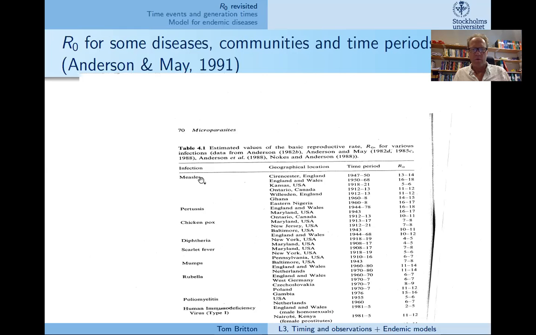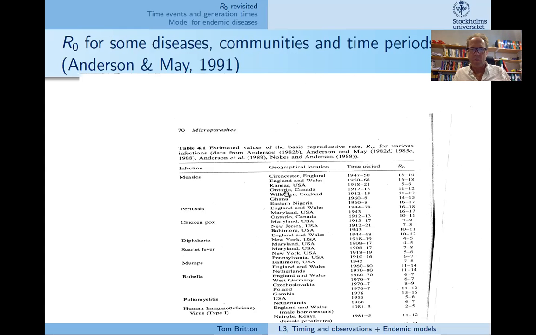The most infectious disease around, I think it's considered to be the most infectious disease of all, is measles. It has a basic reproduction number which varies between different areas, also different time periods, but we see that it seems to be around, well, let's say 11 up to 18 for all parts except Kansas.